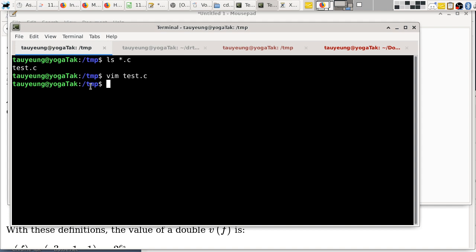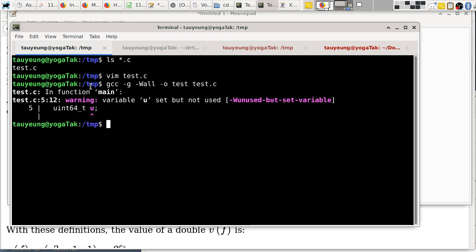Okay. So we run the compiler. Okay. gcc -g to include debug information. -Wall, warn all. You should all be using it if you have an option. -o test specifies the output, the name of the executable. test.c, which is the source file. Okay. And it gives me a warning.